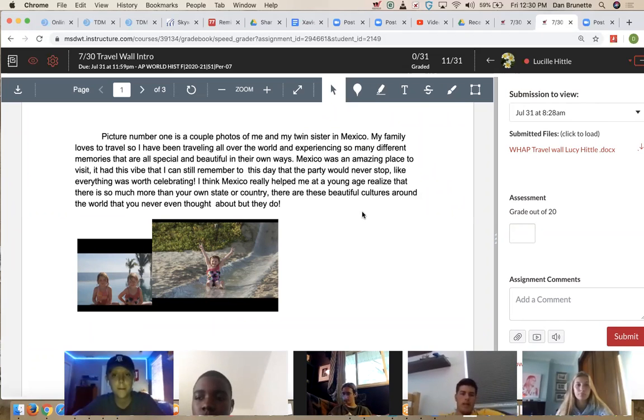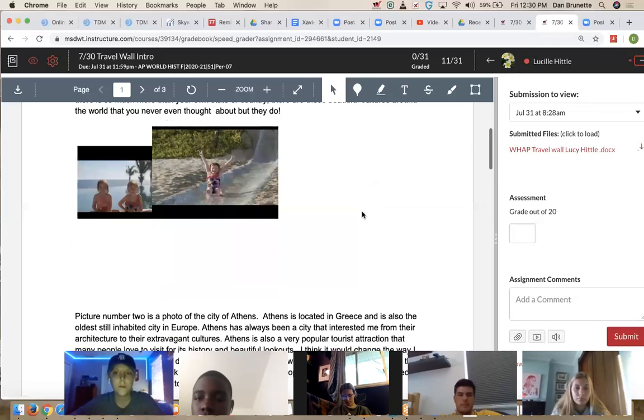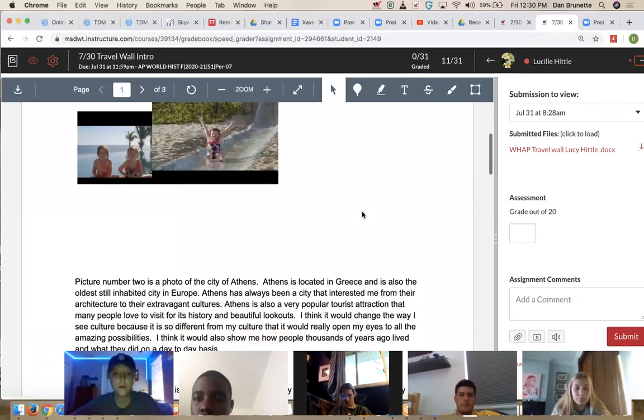So the first couple of photos are me and my twin sister in Mexico, and that's me going down the slide. Mexico is just a really amazing place to visit, and every single night we went to these huge parties, and it just felt so different from what I'm normally used to, and it really opened my eyes to the fact that there's other stuff around the world.